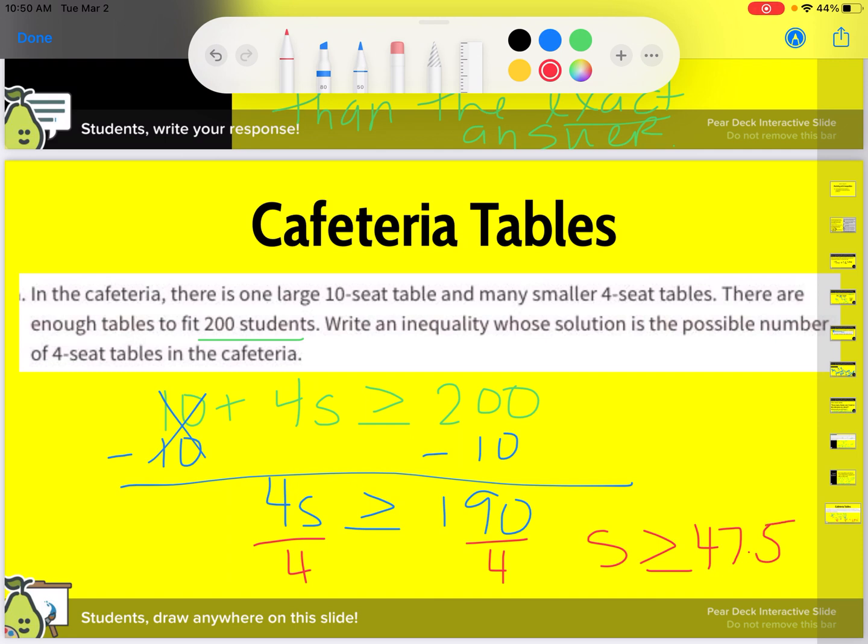So if I'm trying to think about how many tables that is, I would need 48 smaller tables, because you can't have part of a table.